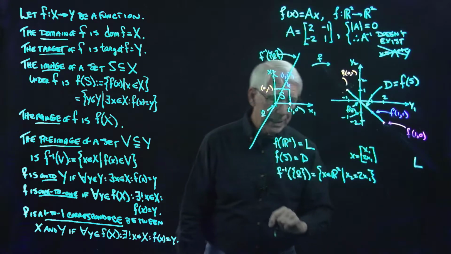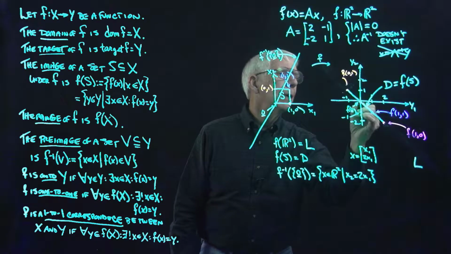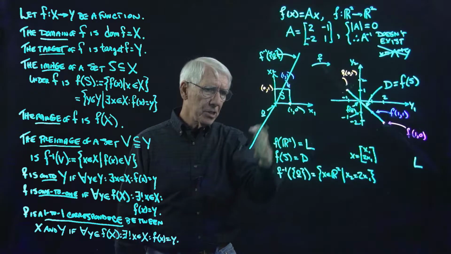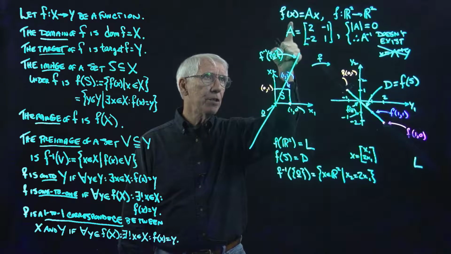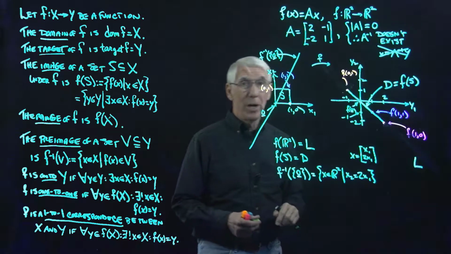So this is correct. This is the pre-image of this one point. Everything on this line gets mapped by this function into one point. So it's anything but one-to-one.